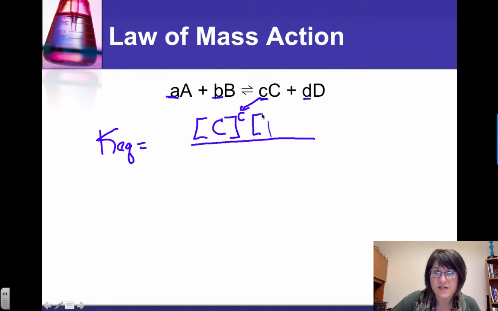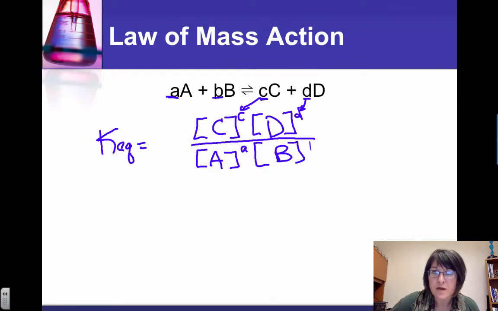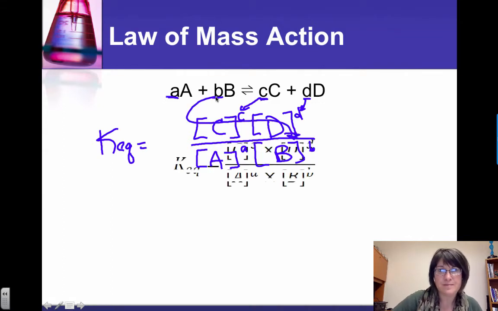And substance D has its concentration raised to the power of however many moles there are in the balanced equation for substance D. Now we put products over reactants, so I have to put my reactants on the bottom, substance A raised to the power of little a, and substance B, concentration, moles per liter, raised to the power of little b. Whatever these numbers are, they go into the expression.